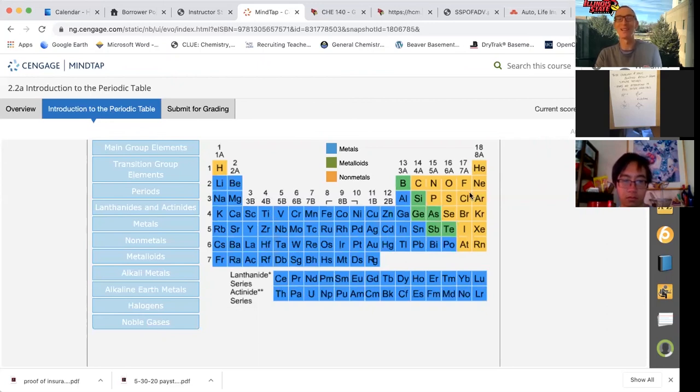The non-metals end up with an overall negative charge, and the metals end up with an overall positive charge. So ionic bonding is typically between metals and non-metals.